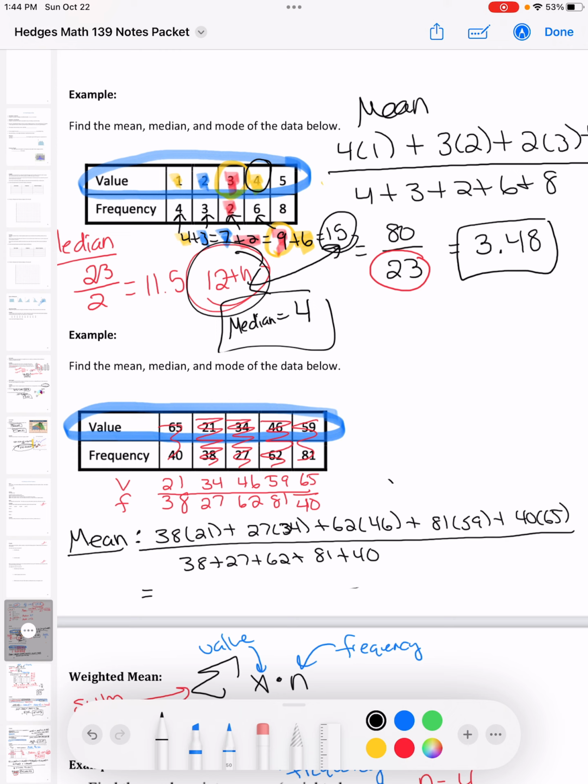So the numerator is going to give me 11,947. The denominator is going to give me 248. And again, let's just go to 2 decimal places. If you ever have questions on what to round to, you can always ask. Now I'm just going to say, let's go to 2 on this one.